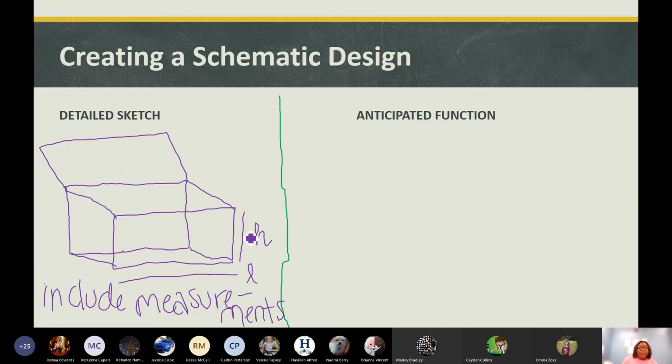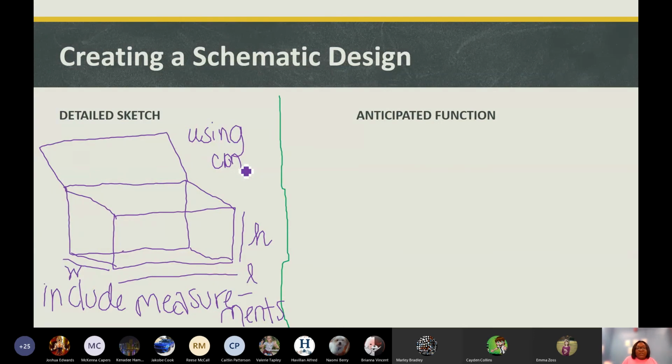And the width of your box, and you want to measure it using centimeters. That's centimeters, cm.